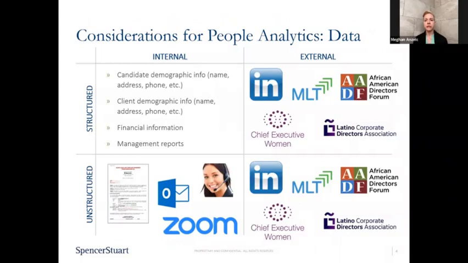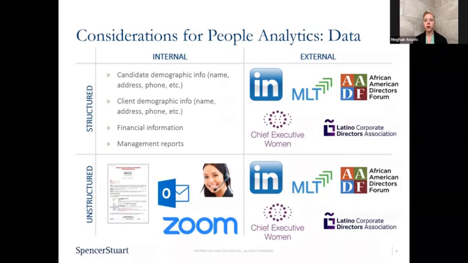And then on the external side, LinkedIn is probably an obvious source, something that comes to mind. We've also shown some illustrative examples of other organizations that may provide useful data. External data feeds often include both structured and unstructured data, which can come in the form of text or images or other kinds of information.